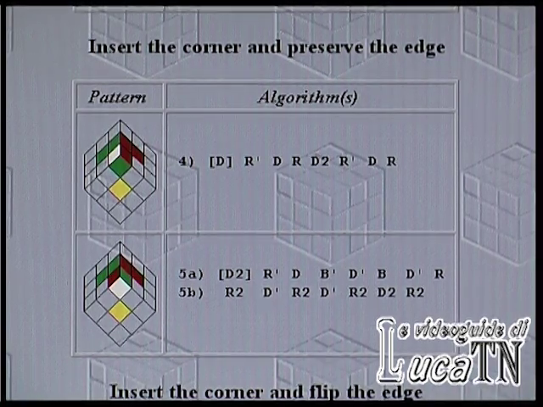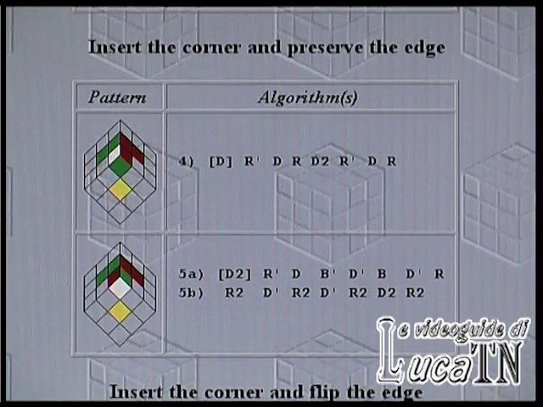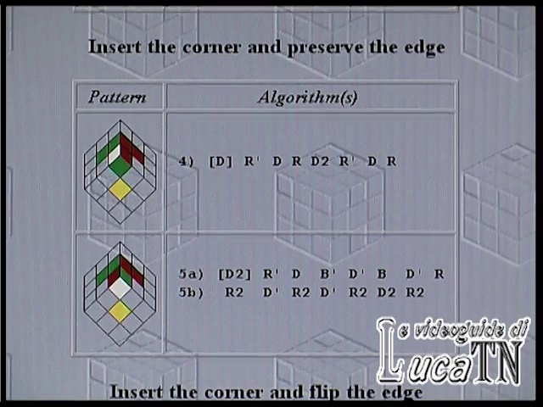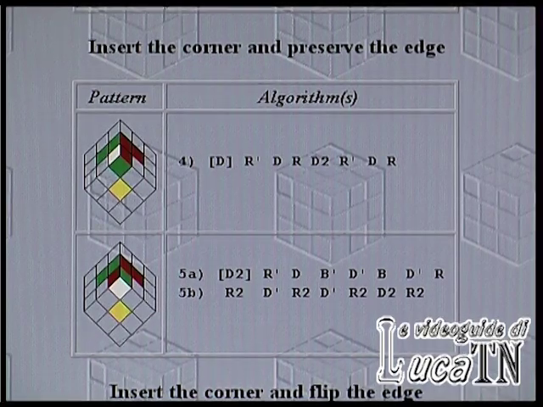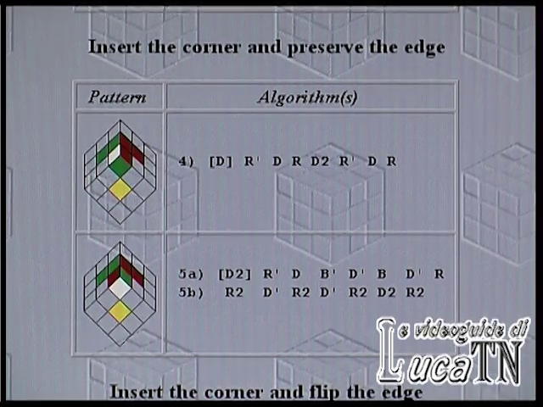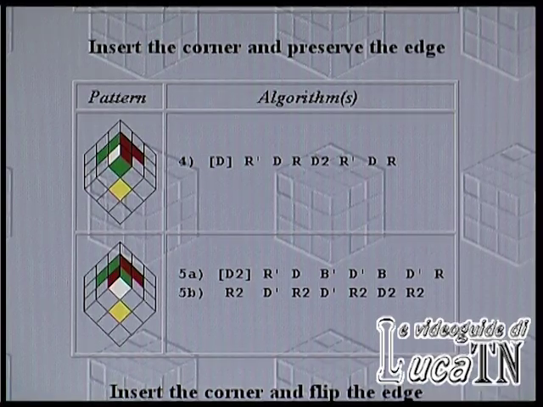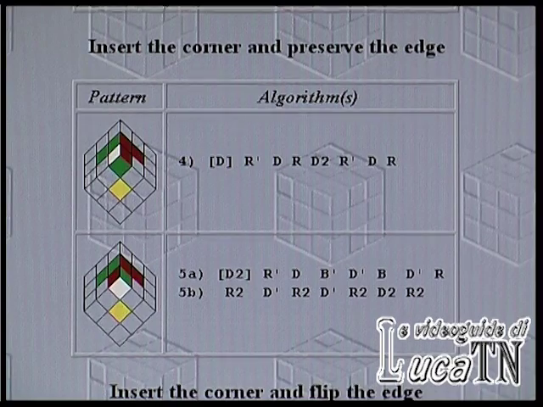And in this second part, when the white has to be moved on the top side of the cube, we can choose among two different algorithms. As you can see, we have 5A and 5B.